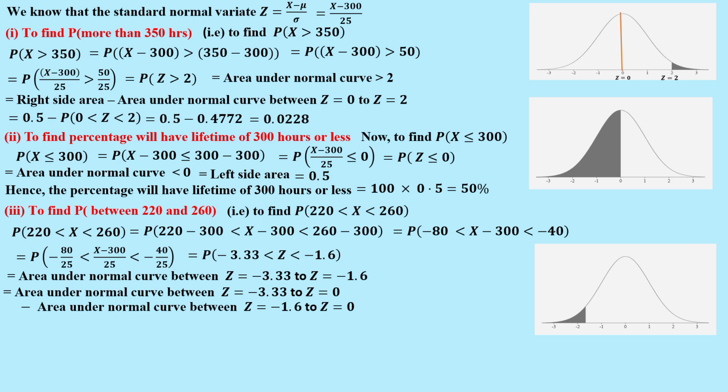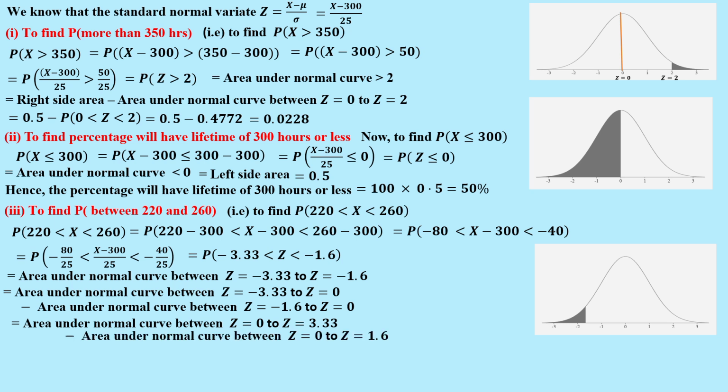Using the symmetric property, take the positive side: area under the normal curve between Z equal to 0 and Z equal to 3.33 minus the area between Z equal to 0 and Z equal to 1.6. So probability of 0 less than Z less than 3.33 minus probability of 0 less than Z less than 1.6.